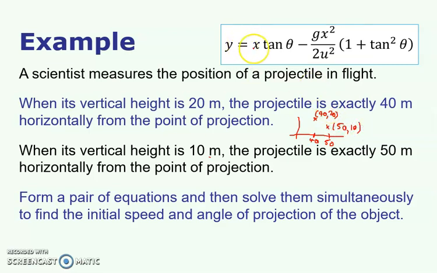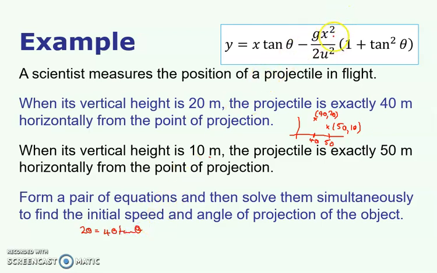And I can put these y and x values into this equation, and it should give me enough information to find u and theta, I think. So it says form a pair of equations and solve them simultaneously. Okay, let's go for this. If I put y in, the first one will give me 20 equals 40 tan theta.